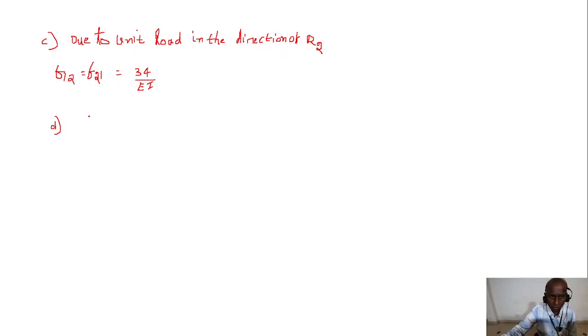Same, due to unit load in the direction of R2, so you will calculate F22, the flexibility coefficient, F22 equal to integration M2 into M2 by EI into dx.